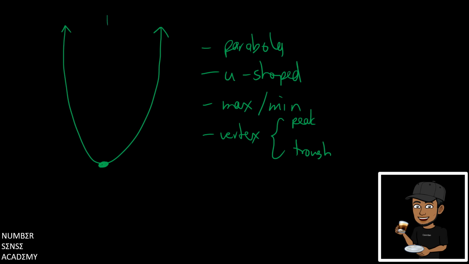It also has an axis of symmetry, which can be modeled using an equation, x equals a. Okay, so you can picture this as a line that's splitting the graph at some value of x.